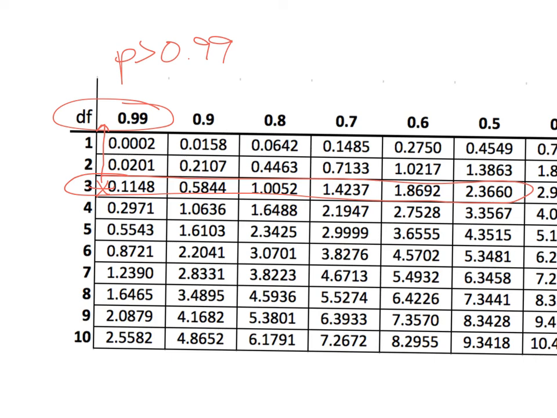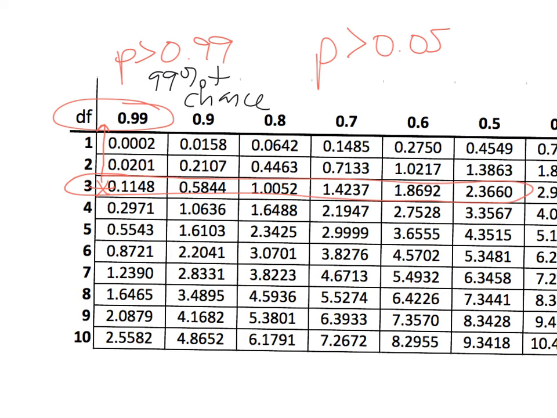What does that mean? The p is greater than 0.05. We can't reject the null. So the probability is, in this case, greater than 99% that our null hypothesis is true. 99% plus chance that the null hypothesis, which is that the genes are on separate chromosomes, is true.